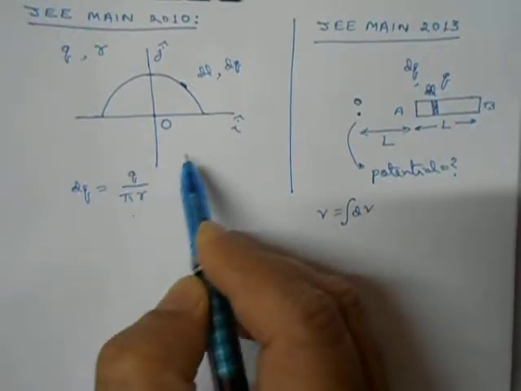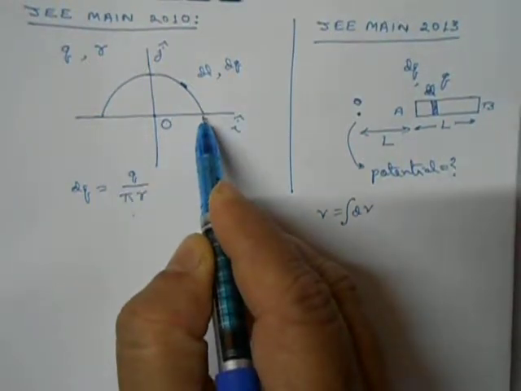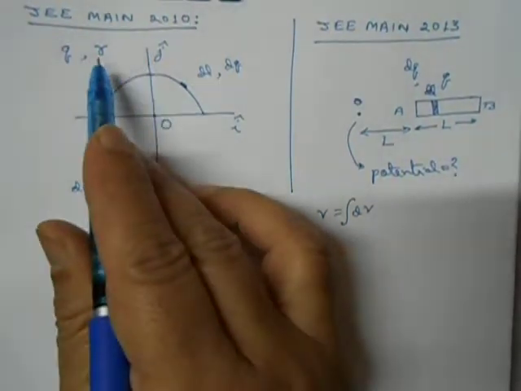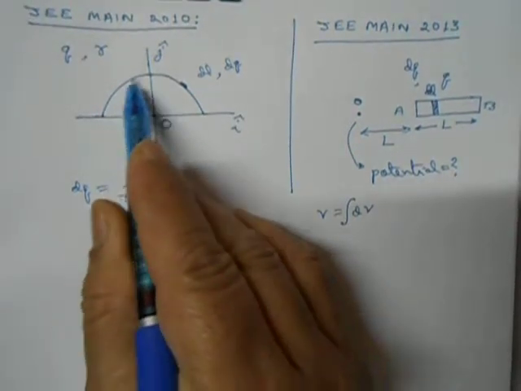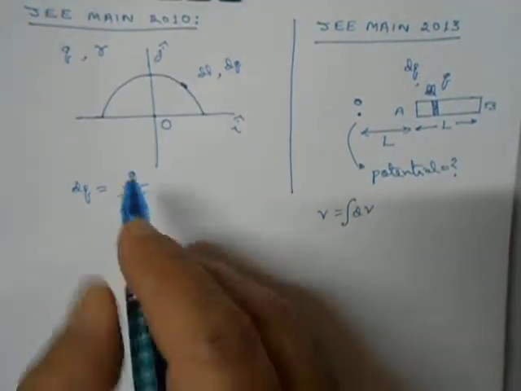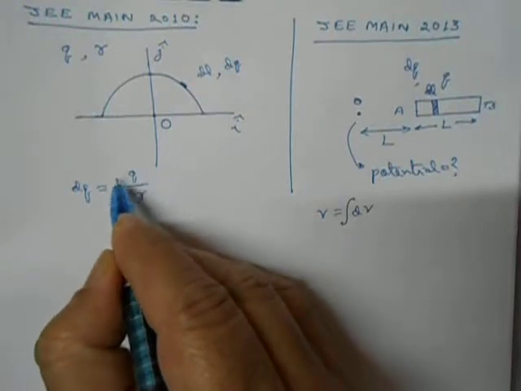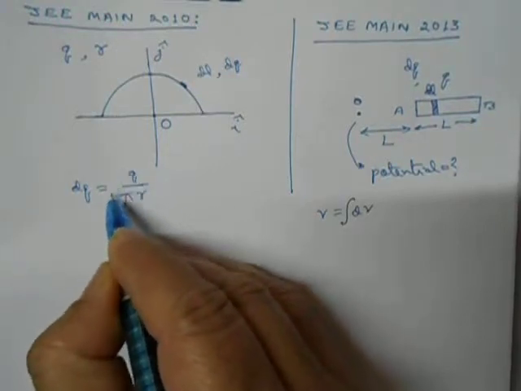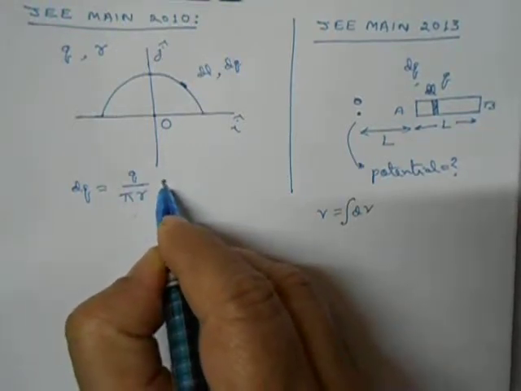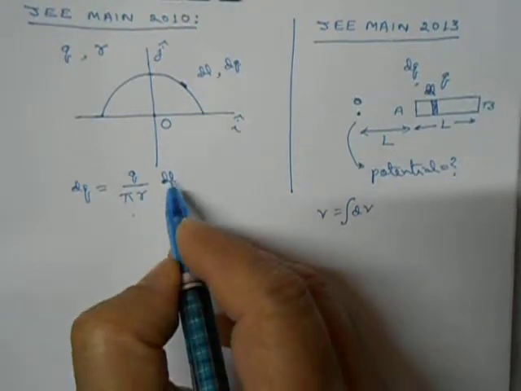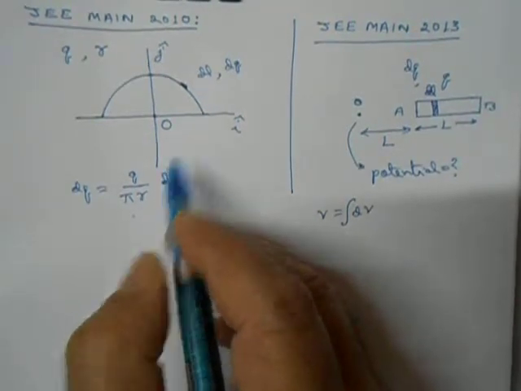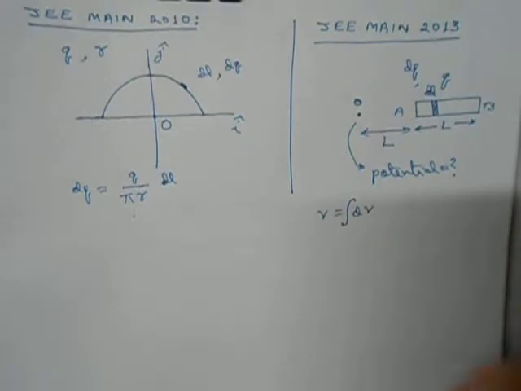So total circumference is twice pi r, so half of that is pi r. So charge q divided by this length pi r is the charge per unit length, multiplied by the length of the element dl. This is the charge on this sample element.